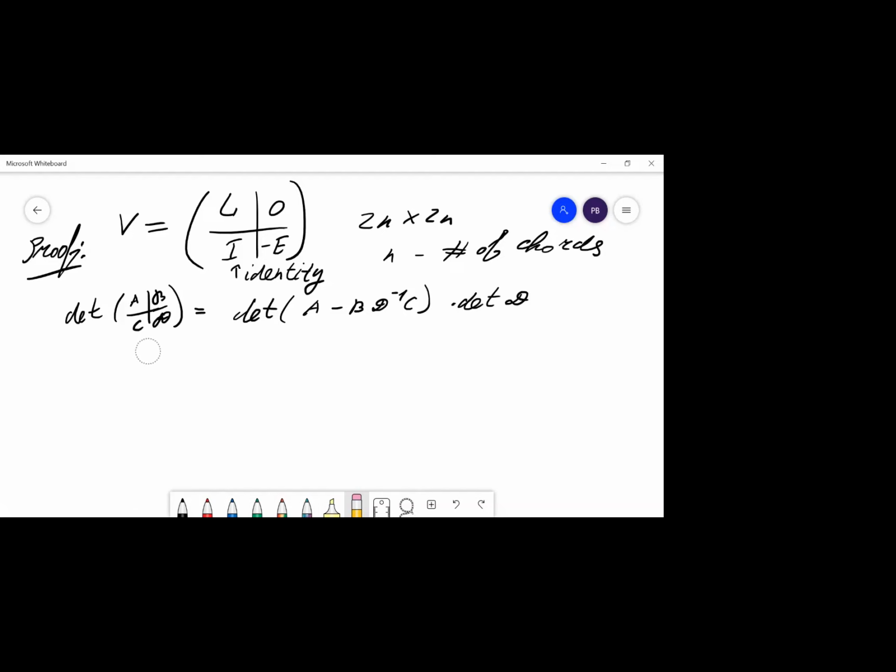The Alexander polynomial is defined by the Seifert matrix. And by definition, we have it like this.